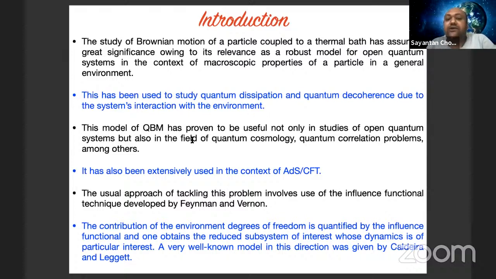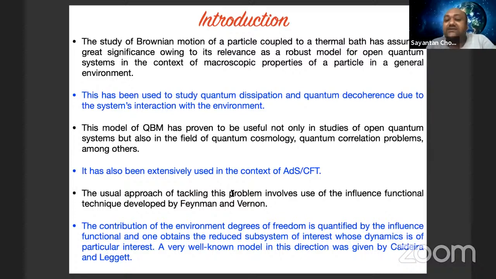And this model of quantum Brownian motion has proven to be a very useful idea, not only for studies of quantum open systems, but also in different contexts like quantum cosmology, studying quantum correlation problems from different quantum systems, including AdS/CFT. This is very recent progress where people try to use this idea in the context of gravity, gauge-gravity duality as well.